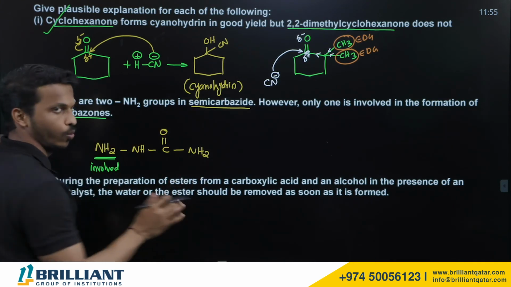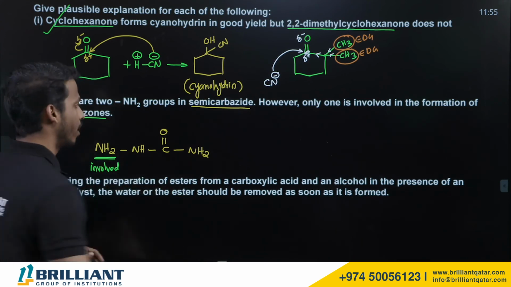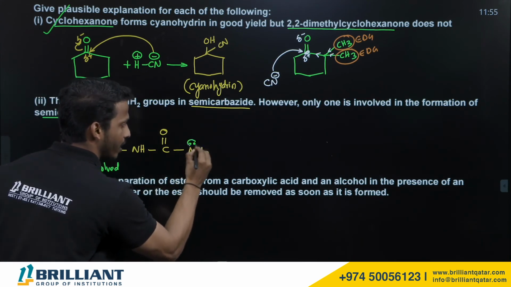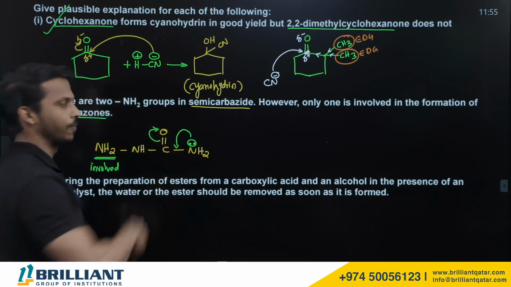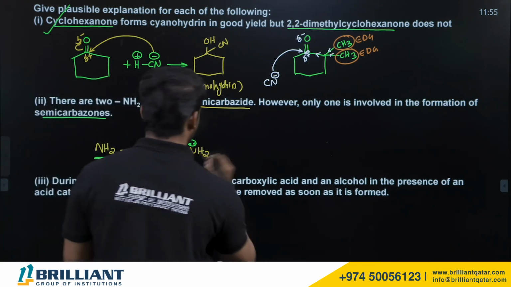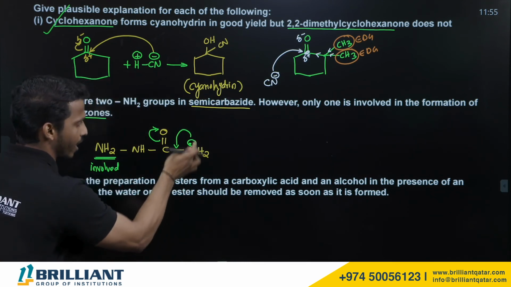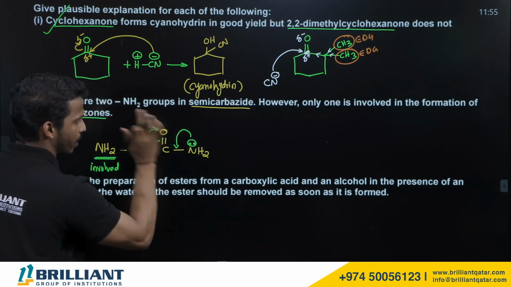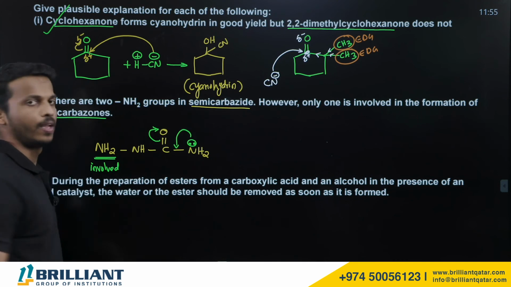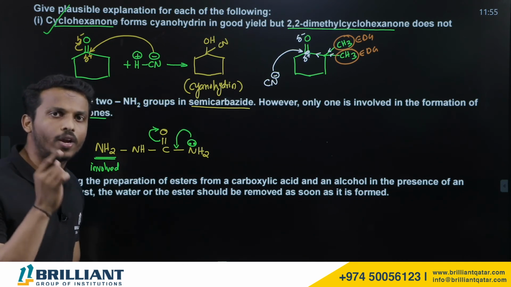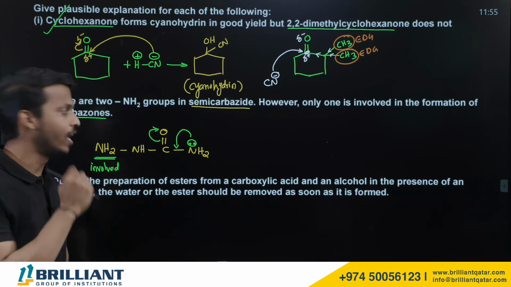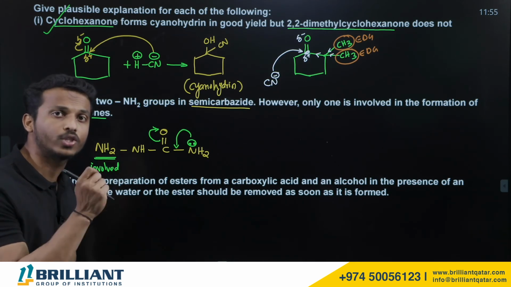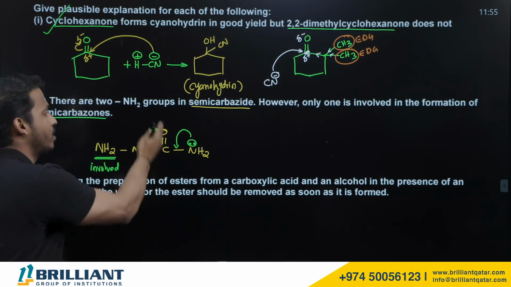But this NH2 group, please don't take it. Why? On this nitrogen, there is a lone pair. This lone pair is involved in resonance. Let me draw the resonance structure here. Okay, you can understand, right? This bond becomes a double bond, this becomes a single bond, and oxygen carries a negative charge. So even though there are two NH2 groups in semicarbazide, why are we taking only the NH2 group which is away from the CO group?